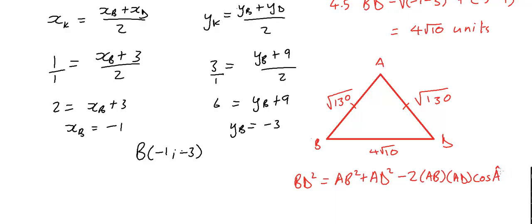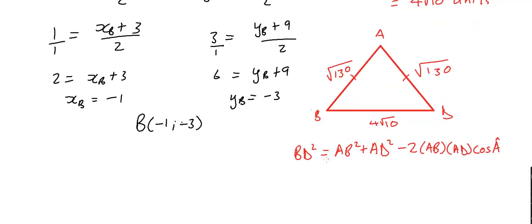But if we find that A is 90 degrees, then this is definitely a square. So that is what we are trying to look for.